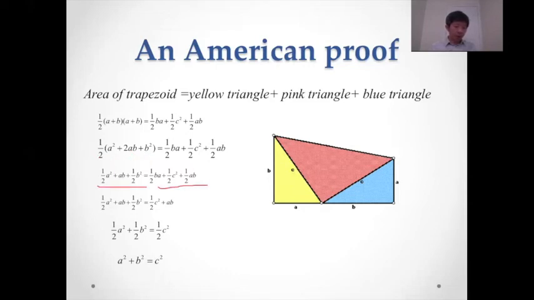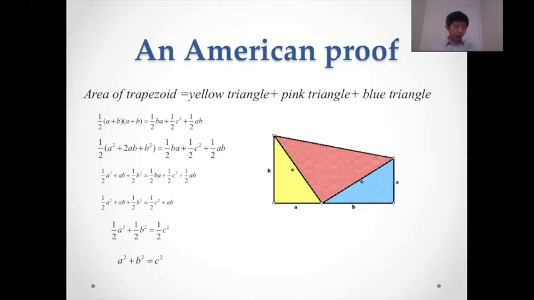Continue, repeat it for this. Then you can observe that this and this can combine. So that's why we have AB, 1/2 BA, 1/2 BA. So we combine this, we make it this, okay?